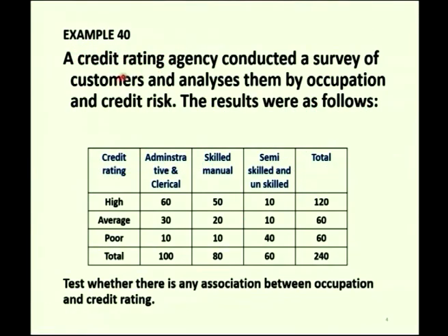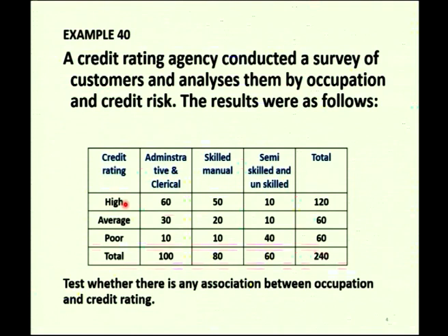This example goes like: a credit rating agency conducted a survey of customers and analyzes them by occupation and credit risk. The results were as follows. Credit rating is high, average, poor based on their skills, administrative and clerical skills of the customers, and skilled manual and semi-skilled and unskilled customers.